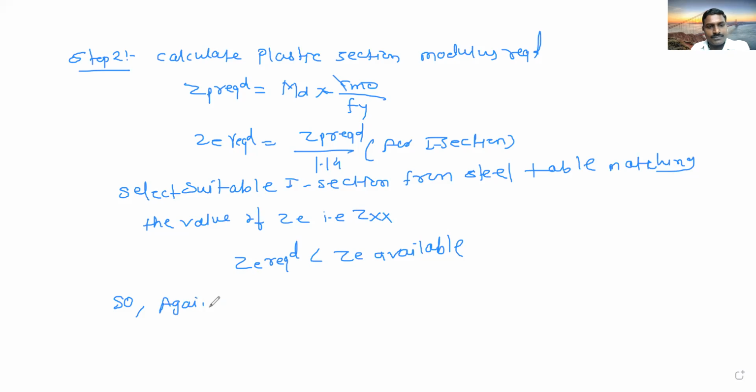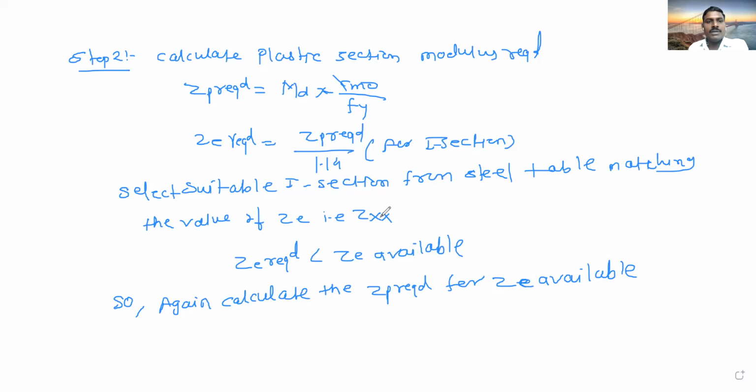So again calculate the ZP required for ZE available. See, initially we have calculated ZP value. From this ZP value we have calculated ZE value. From this ZE value we have selected the section for this ZXX or ZE available.